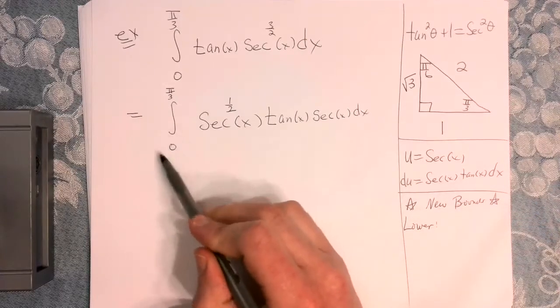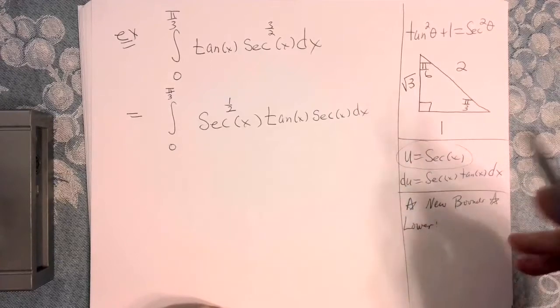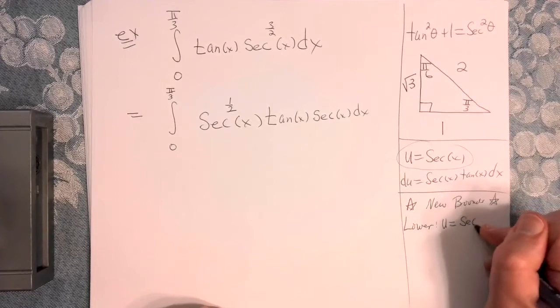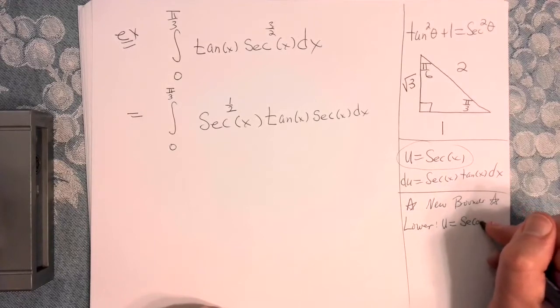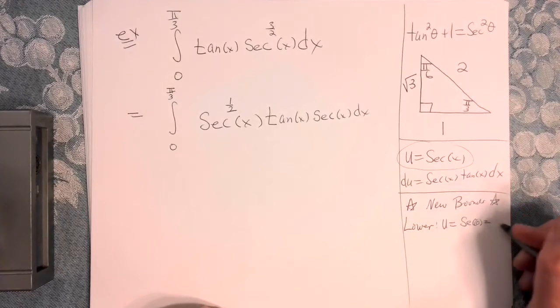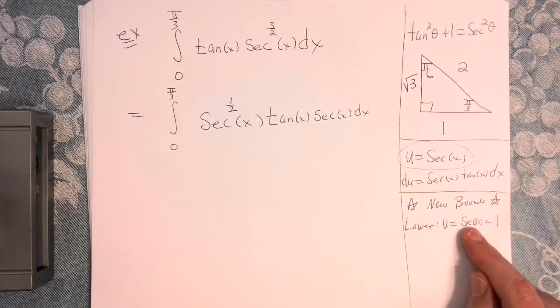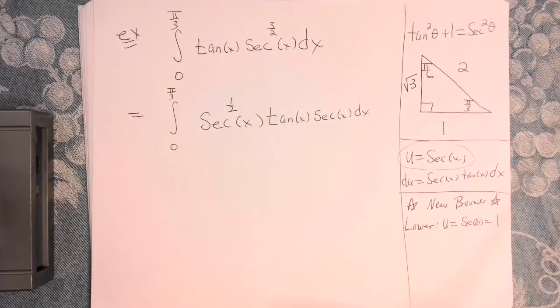So for my lower bound, that's an x value. So looking at my substitution statement, this will be u equals the secant of 0. Oops, secant of 0. But that's exactly 1. If secant bothers you, just remember that it's the reciprocal or the flip of cosine. So you can just take the cosine of 0 and flip it. That's also the secant of 0.